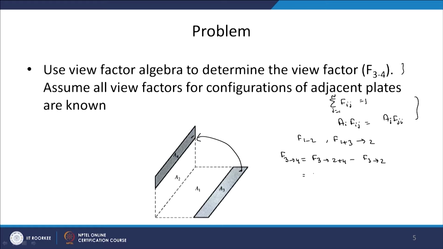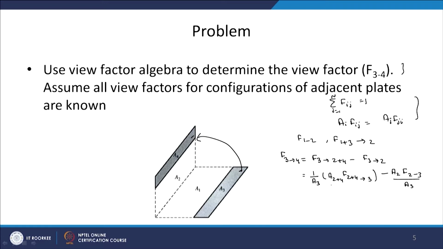So, we write F 3 to 4 as 1 upon A 3 A 2 plus 4, A 2 plus 4 means A 2 plus A 4, and F 2 plus 4 to 3. This is the first quantity on the right hand side. Then minus similarly this one we can do A 2 F 2 to 3 divided by A 3. So, we have used both the summation rule and the reciprocity theorem to find out F 3 to 4.